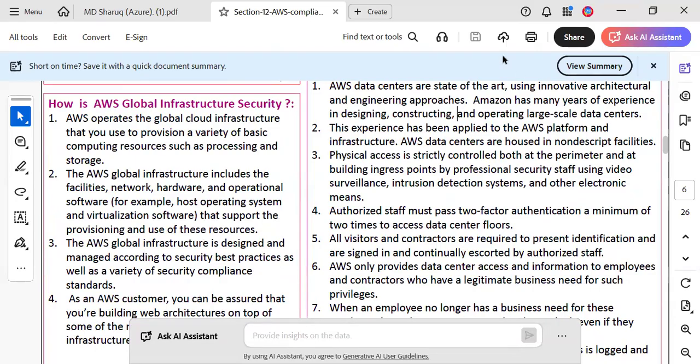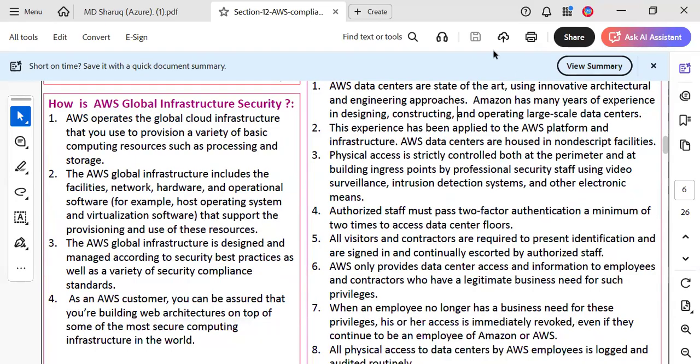All visitors and contractors are required to present identification and are signed in and continually escorted by authorized staff. If external people come visiting to take any tapes or any kind of disks for their data access, then they'll come with staff security. The staff need to take them internally and accompany them back out. That level of security is there, right?